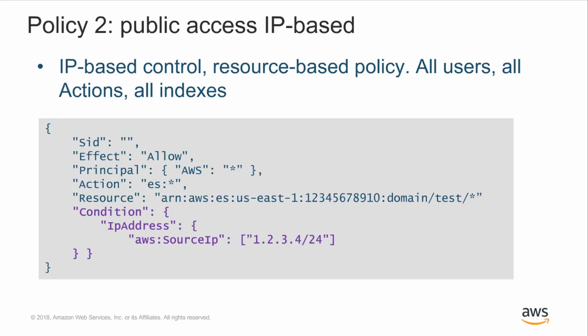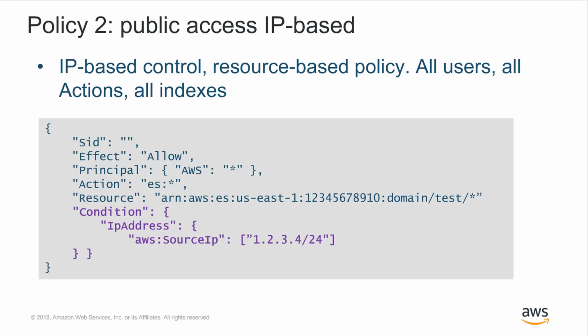In contrast, if you pick the IP-based access control, in this case, we're specifying a condition, which is an IP address. In fact, it's a CIDR block. And any traffic that originates at 1.2.3.4, the /24, the CIDR block here, then is authenticated, can perform the action against the resources that we specify.